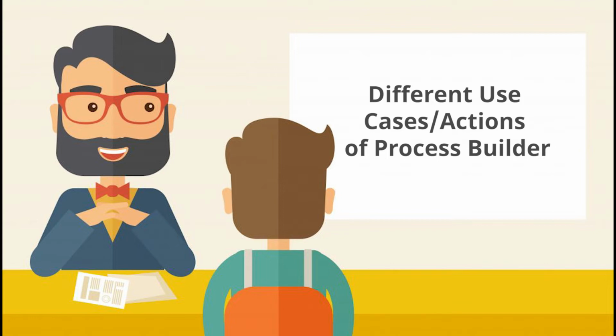After that, we can have mail alerts. Then we can have the approval process, we can send the record for approval. Then we can also post something on Chatter, and we can have some invocable actions like we can call Apex, and we can also invoke other process builders or flows with the process builder.